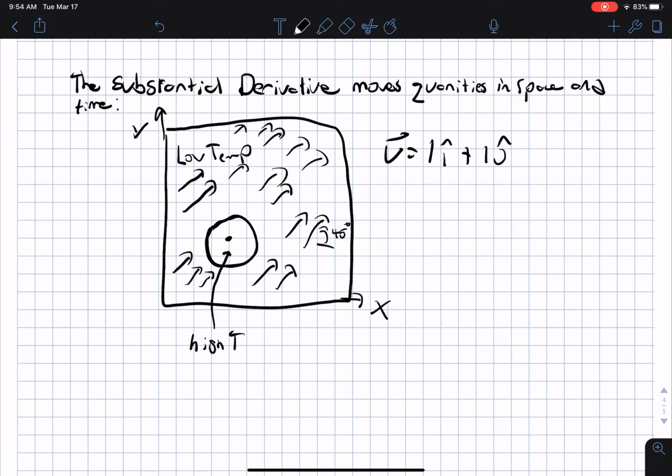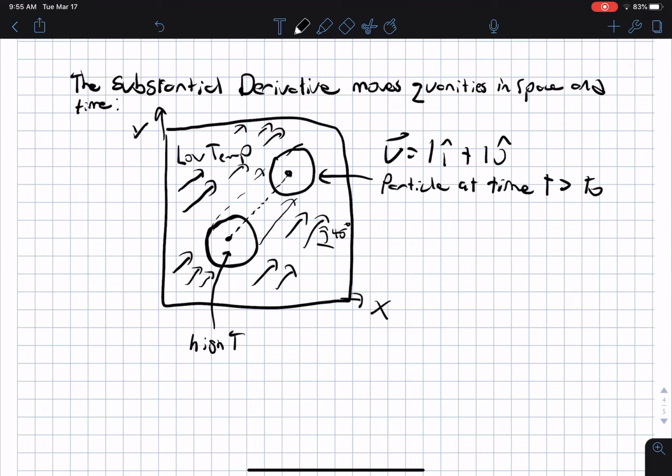Well, you could imagine if we had a solid particle that had a different temperature than the surroundings, and it was moving up at a 45-degree angle, it would just simply move in this 45-degree angle until time t2, and this particle will just simply move up and to the right with the flow field. Okay, so this is the particle at time t greater than t naught.